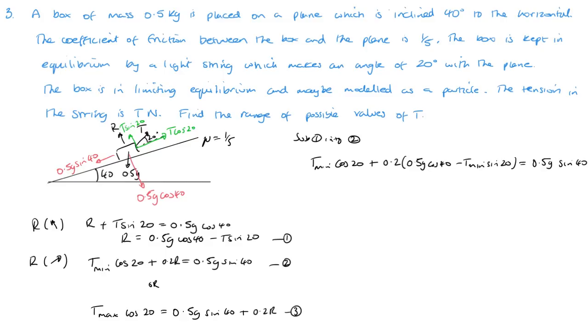So now I need to basically rearrange this for T minimum. So T minimum, so that'll be cos 20 minus 0.2 sine 20, and that's going to be equal to 0.5g sine 40 minus, now 0.2 times 0.5 is 0.1, so it'll be 0.1g cos 40.